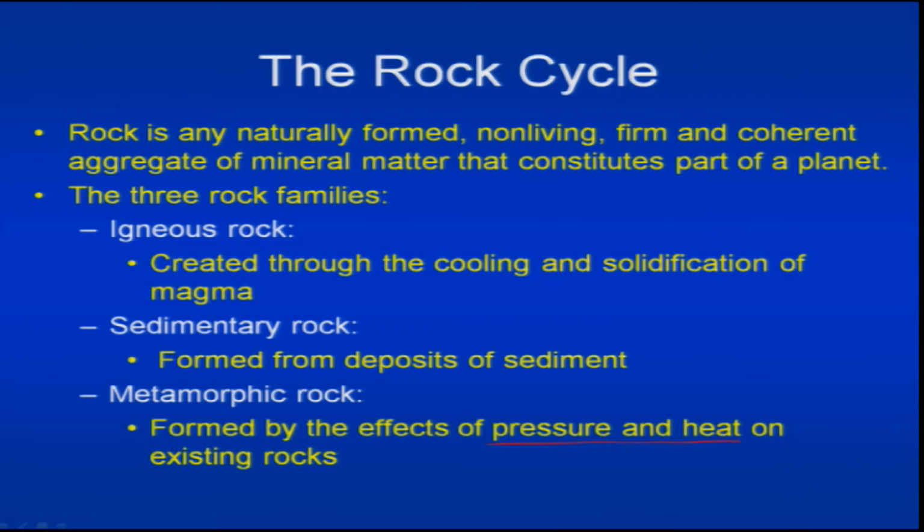When rocks are buried in the deeper part of the earth, they are subjected to metamorphism, so one rock is transformed into another type of rock. For example, among sedimentary rocks, sandstone will be transformed into quartzite. And granite may be transformed into gneiss. So we have that sort of transformation from one rock to another when it goes through metamorphism.